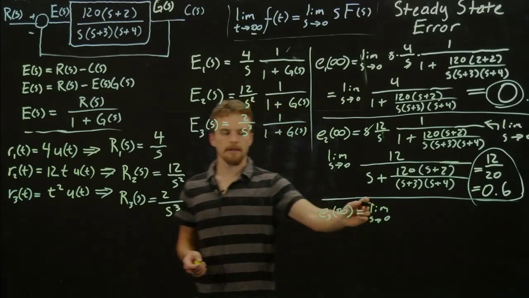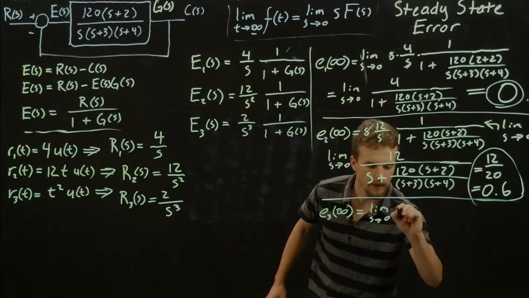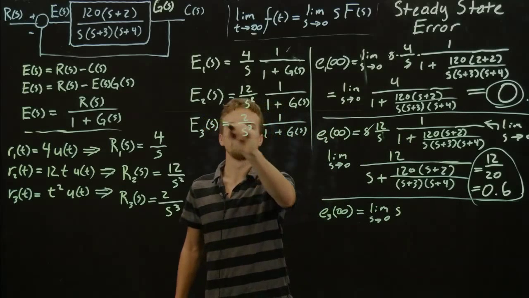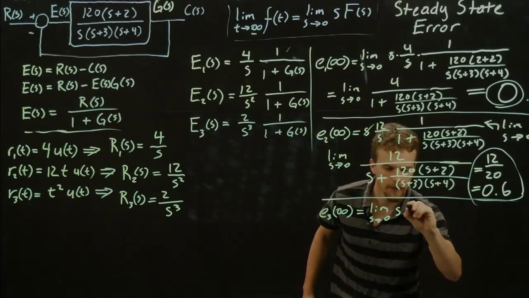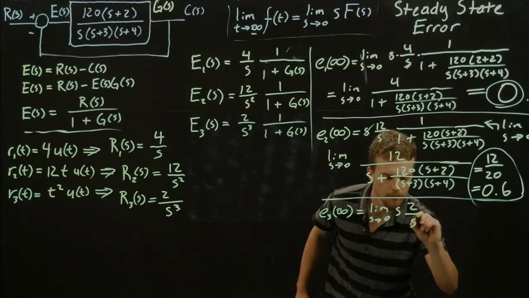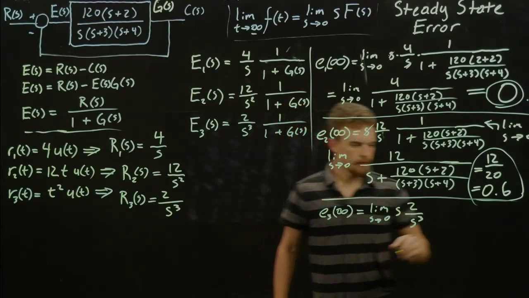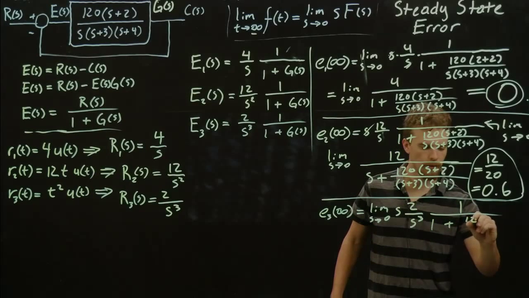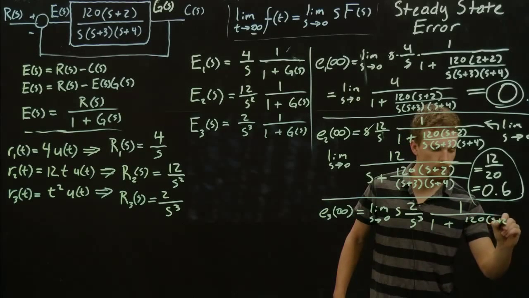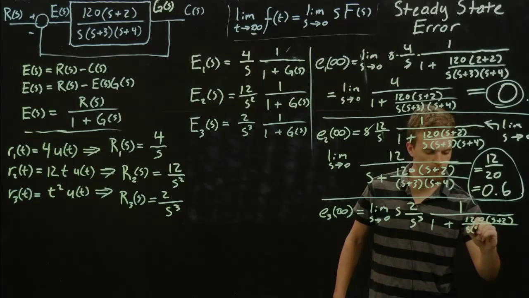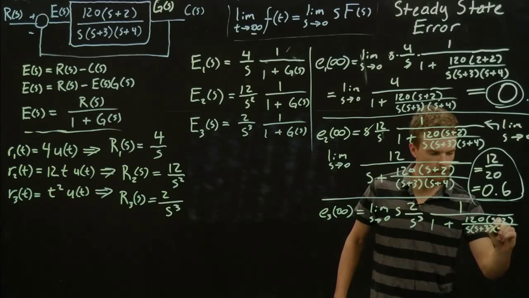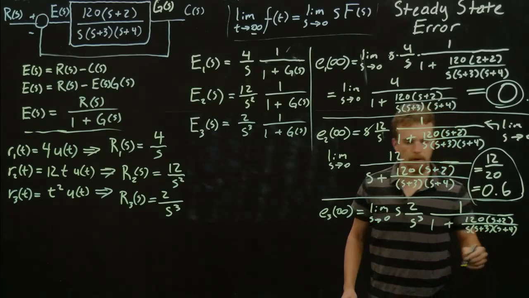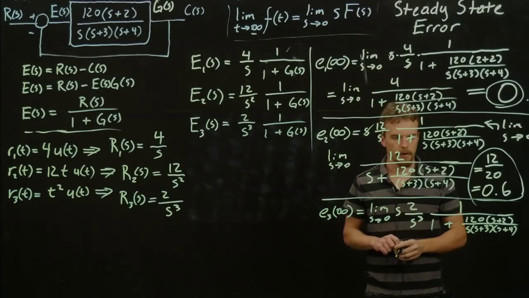We're taking the limit as s goes to 0 of s times this term here. S times 2 over s cubed times 1 over... So again, one of our s's will cancel.